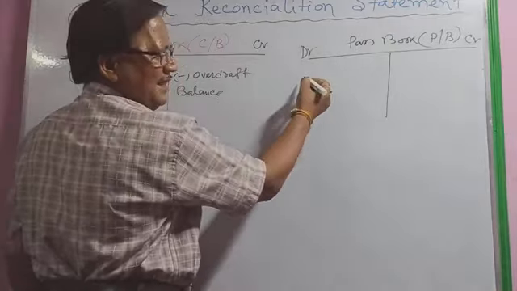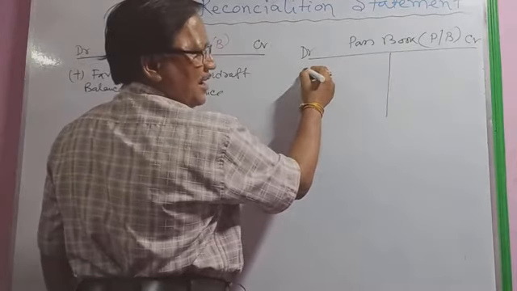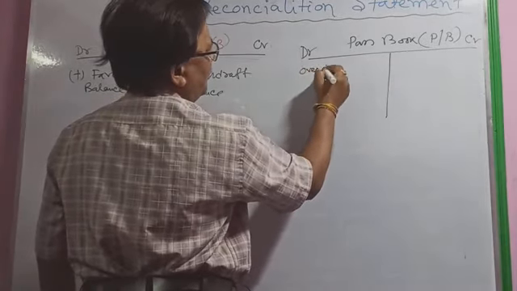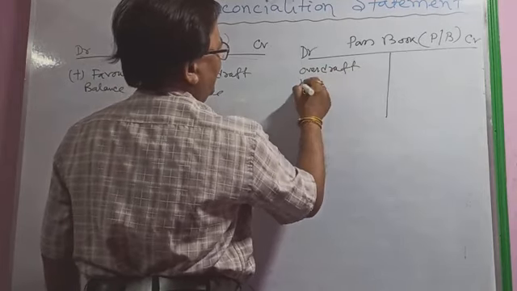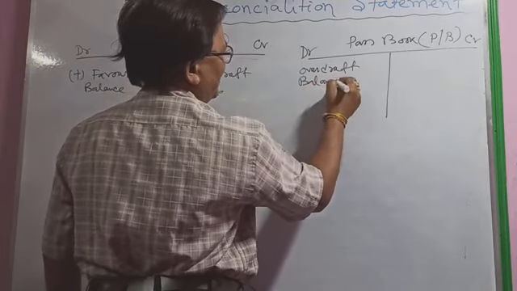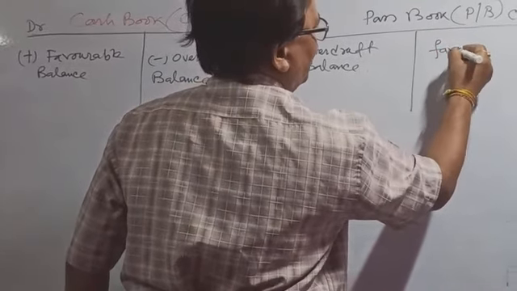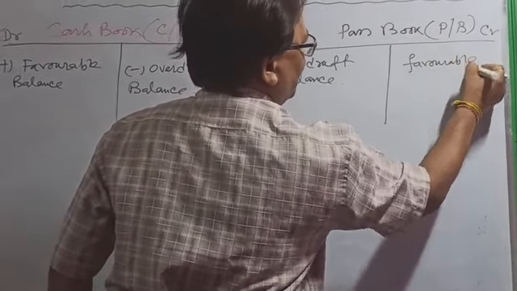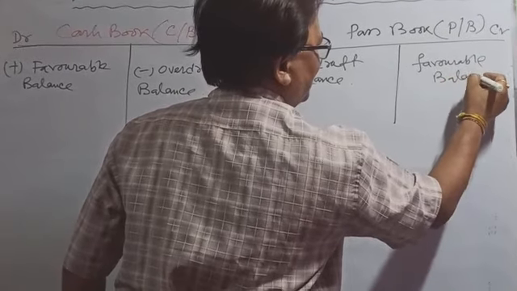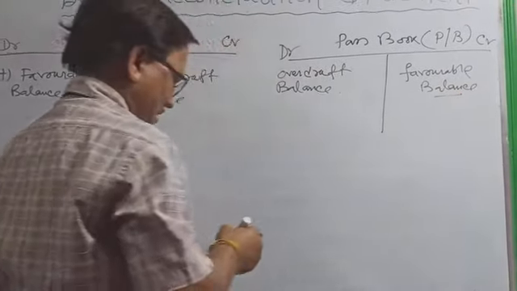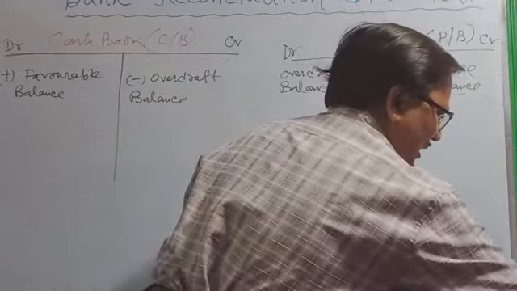Now in the passbook, this side is overdraft balance and this side is favorable balance, plus or minus.